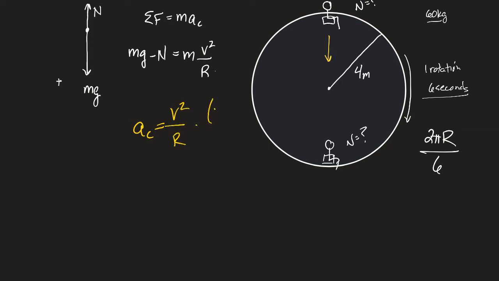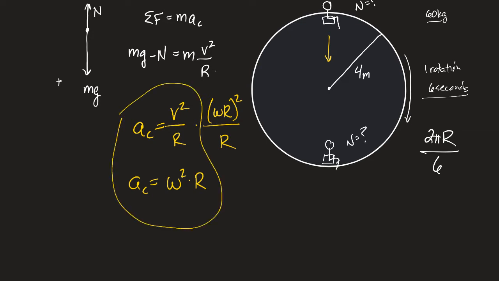But also, I could put it in terms of the angular speed. You guys see what I'm saying? So a little bit of work there tells me that centripetal acceleration can be written as omega squared times r, or v squared divided by r. These are both legitimate ways of dealing with the centripetal acceleration.